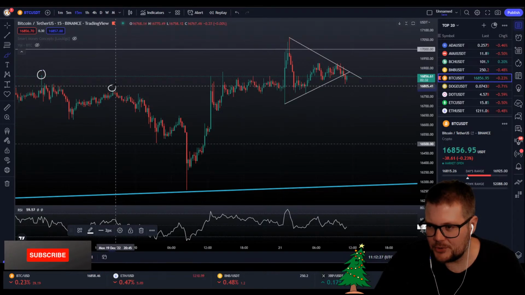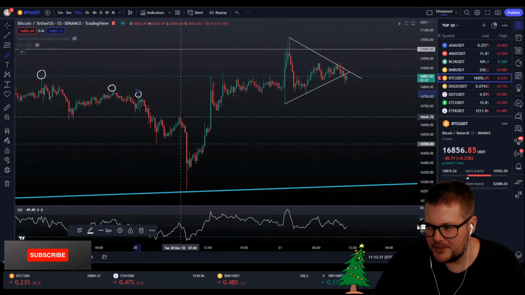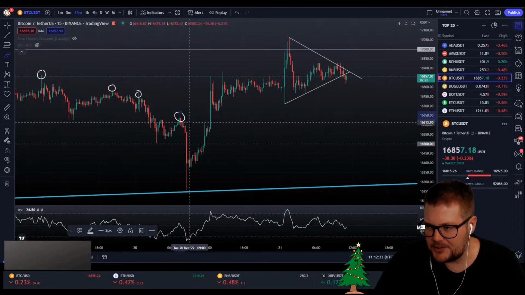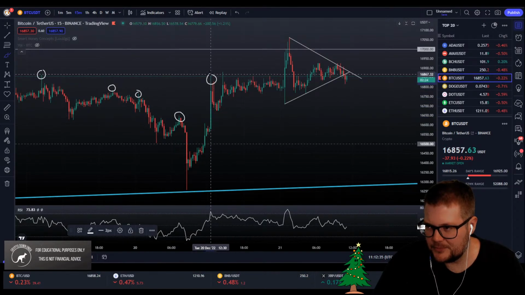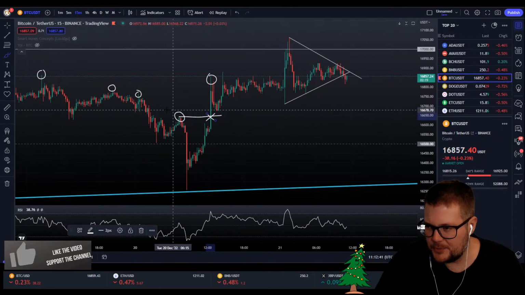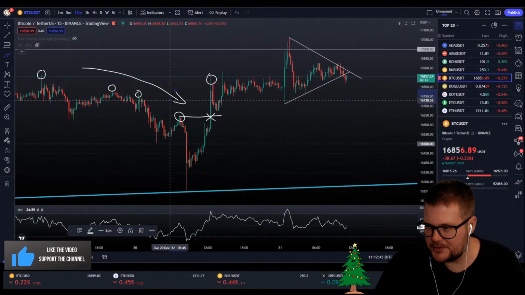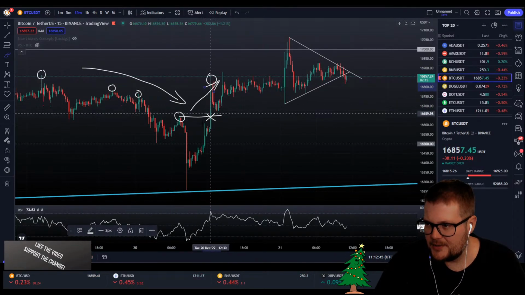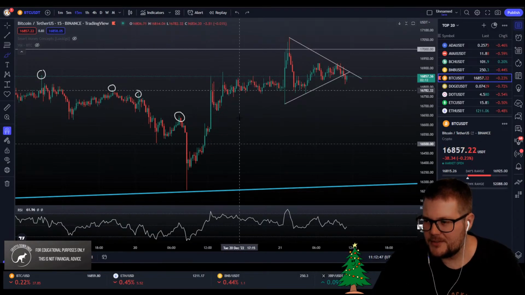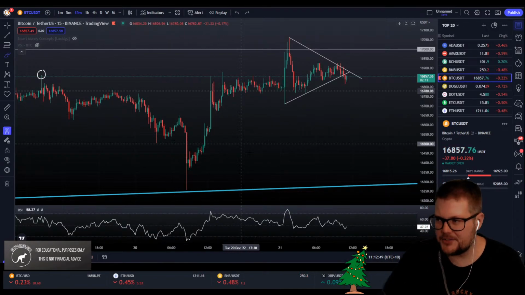You want to make sure the highs are lower each time, because as soon as they change, like here, the trend changes. From this high here, as soon as we broke it right there, that's what changed this downtrend to an uptrend. So that's basically the market structure.